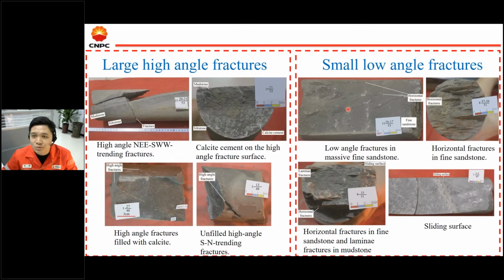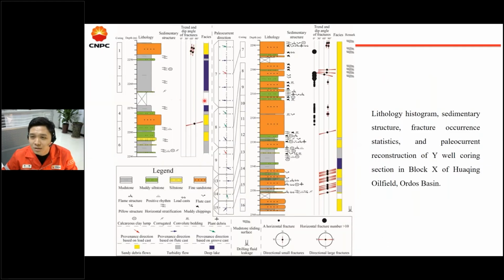Our research results are as follows. The rose histogram shows that the paleocurrent direction changed gradually from southwest and south to the west and the northwest. The arrows with different colors are the paleocurrent directions reconstructed by different sedimentary structures.